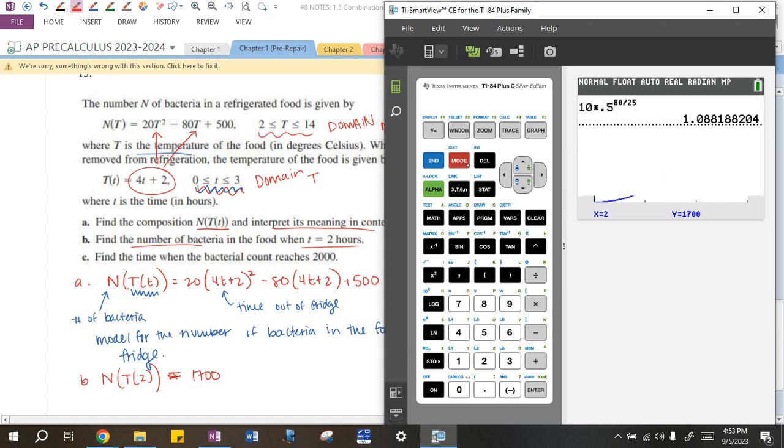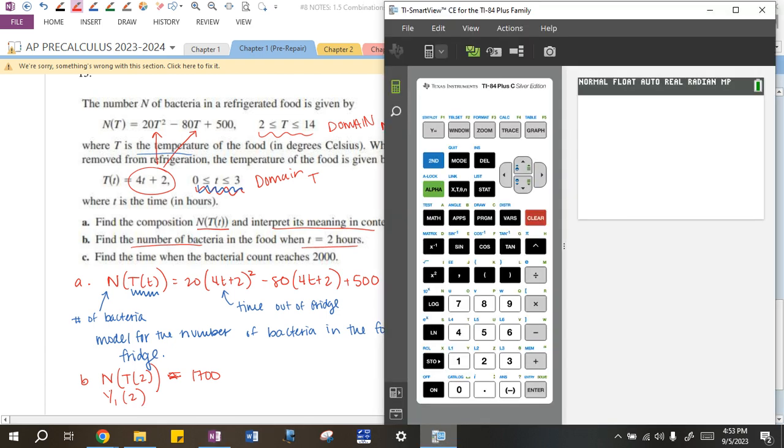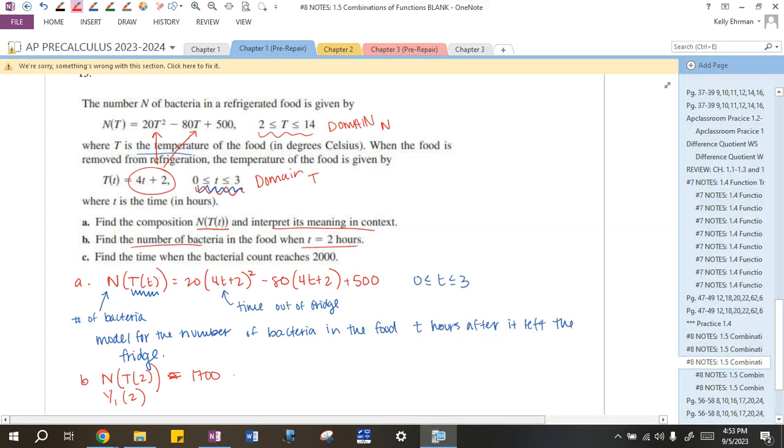Or if you couldn't get the graph, you can still do function notation. We want y1 of 2, basically. So we want alpha trace y1 of 2, 1700. So either way, I get 1700 bacteria.